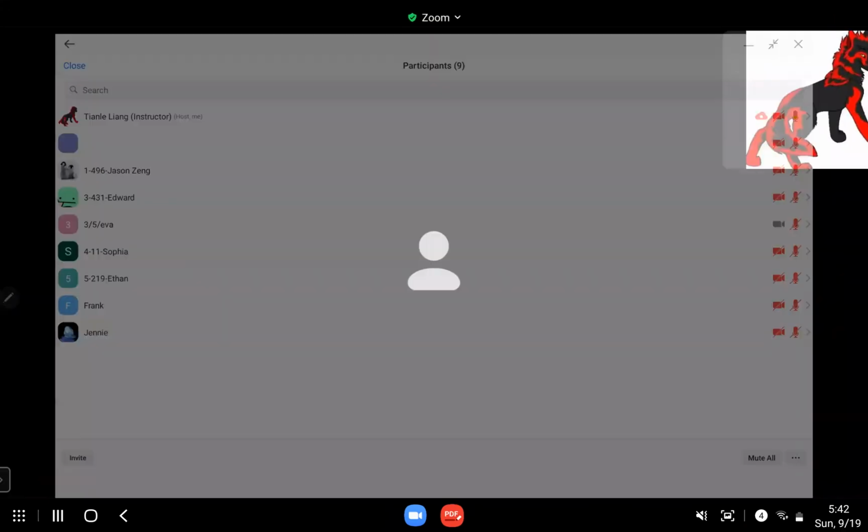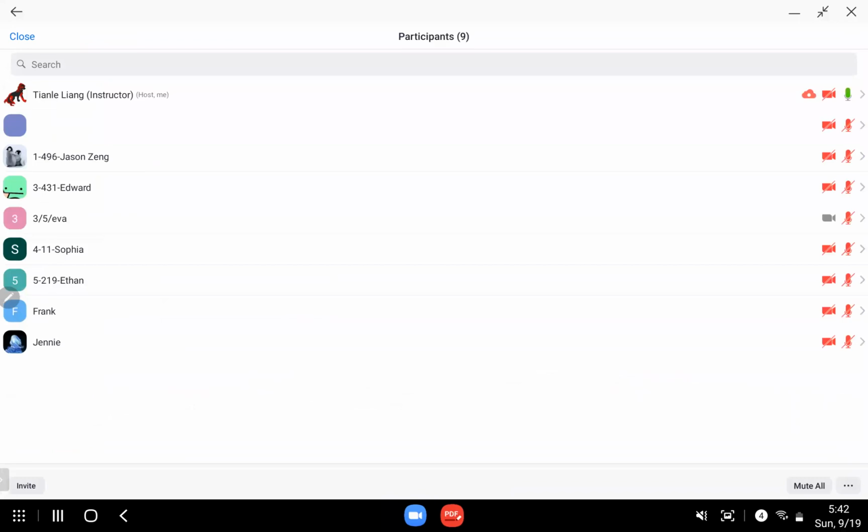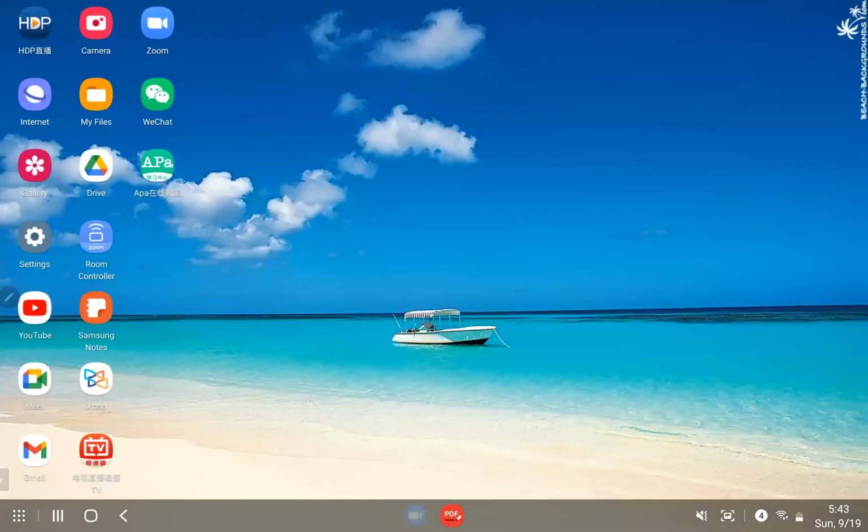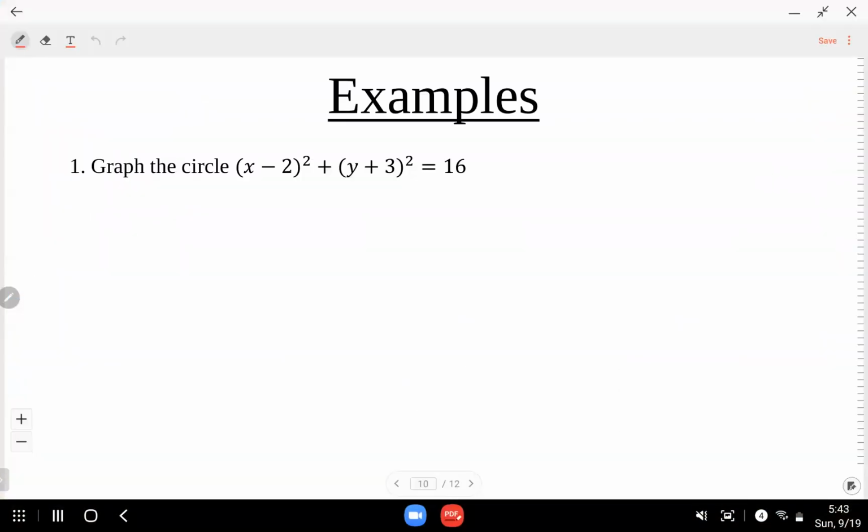So does anybody know the radius or the center of this circle? So what is the center and the radius?